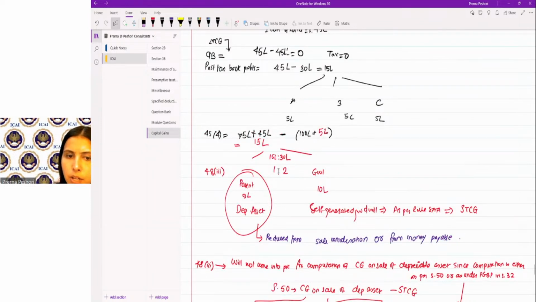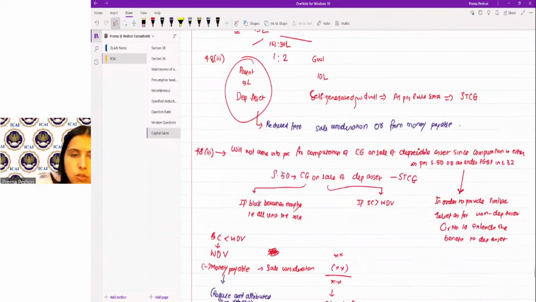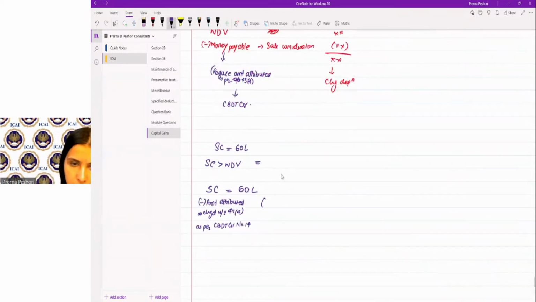Here I had the amount attributed was, what was the amount? 5 lakh, right? This is 5 lakh. So 5 lakh less, so my net sale consideration will be 55 lakh less my WDV 45 lakh, which makes it 10 lakh.